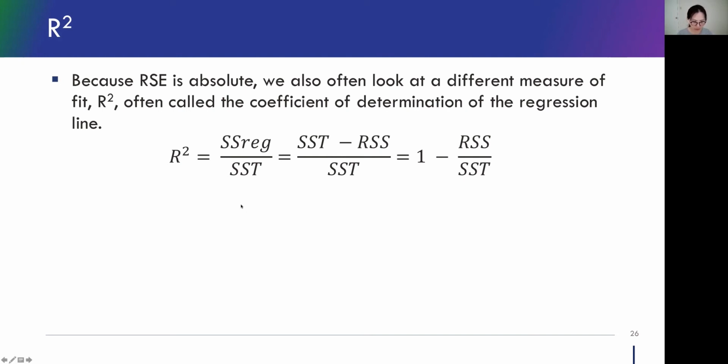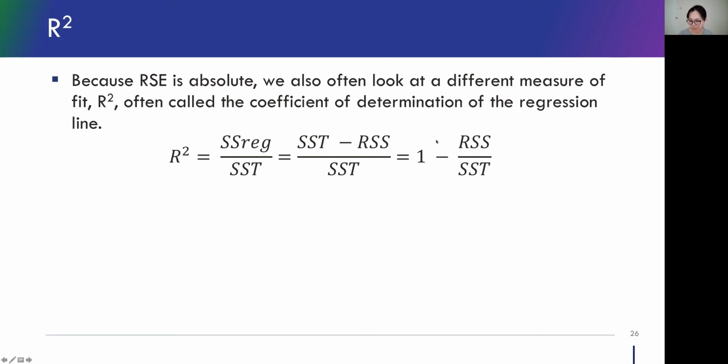Formally, how is R squared calculated? It's nothing but the regression sum of squares divided by the total sum of squares. And the regression sum of squares is SST minus the residual sum of squares, so you can also write it as 1 minus RSS divided by SST.